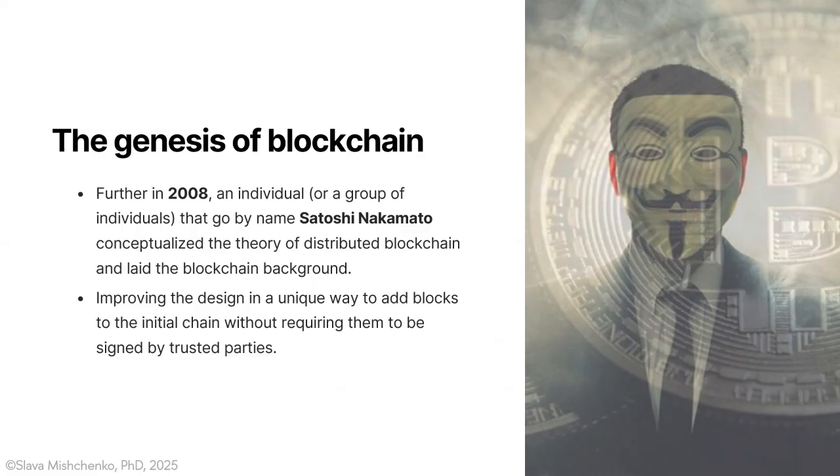You see, the real genius wasn't in creating a new type of database. It was in designing a system that could maintain its integrity without any central authority. And this was something entirely new. And what I find particularly remarkable is how Nakamoto improved upon previous designs. They created a way to add blocks to the chain that was both secure and decentralized. And I often emphasize that this was the key innovation that made Bitcoin possible.